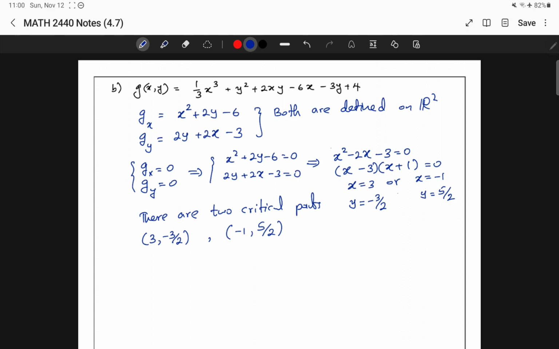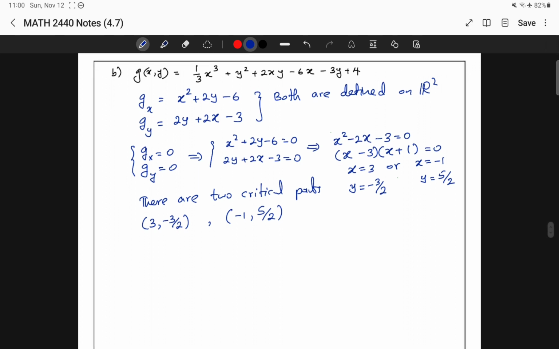Okay. Now we found the critical points. We have to find the discriminant. So let's find the double derivatives. This is 2x, 2, and the mixed partial is again 2.